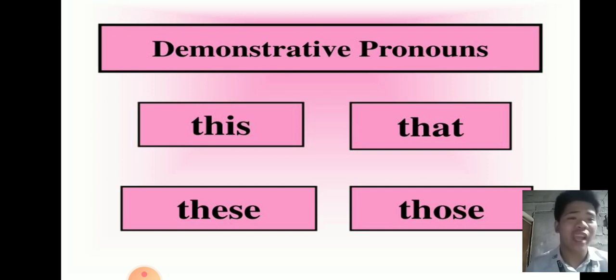Before anything else, I would like to say that there are four demonstrative pronouns: this, these, that, and those. Without further ado, let's figure out what we mean by demonstrative pronouns.